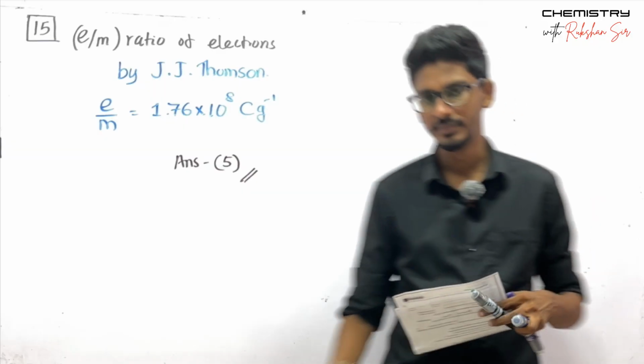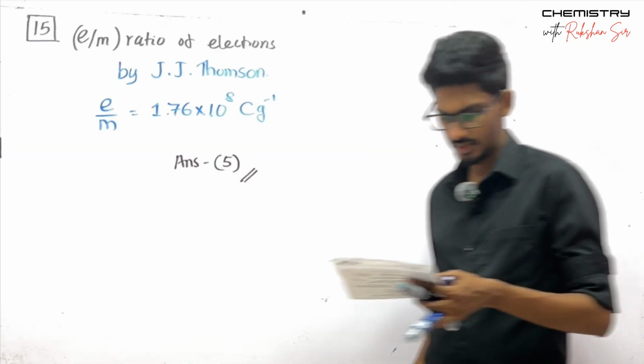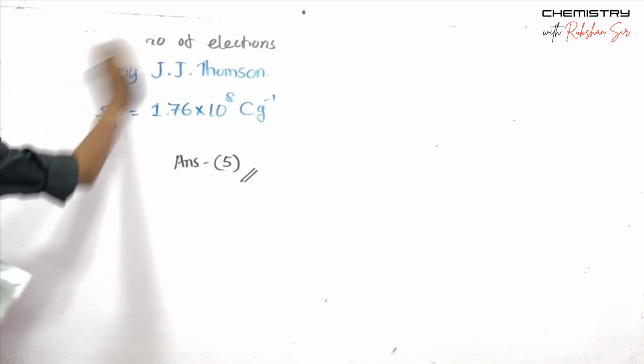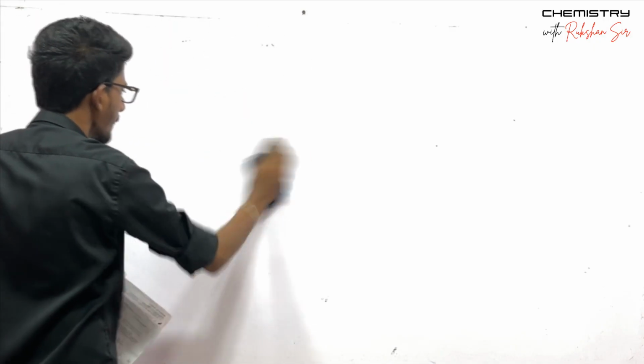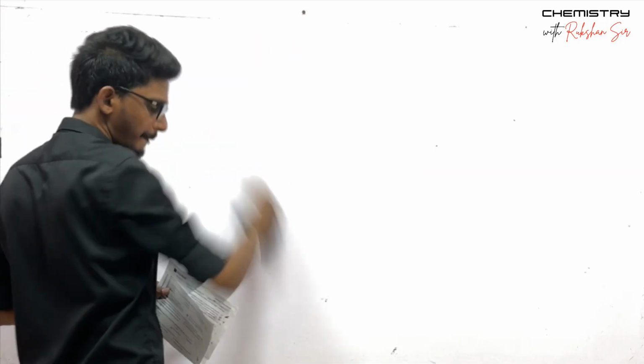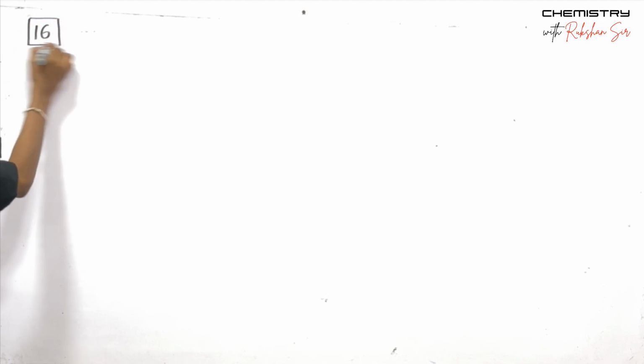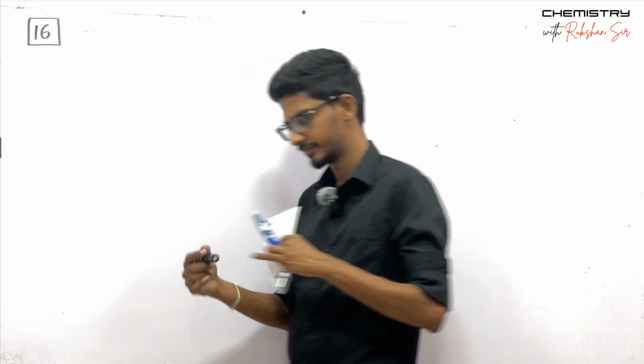Okay. Simple question, right? Question number 15. Let's move towards question number 16. See what it says. The size of the atomic nucleus was first determined by.